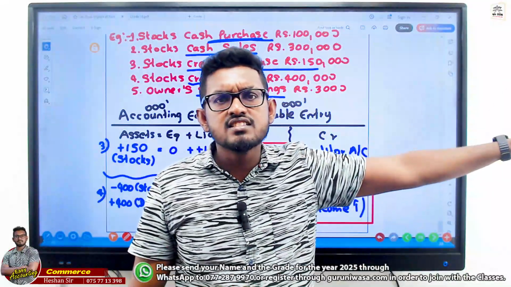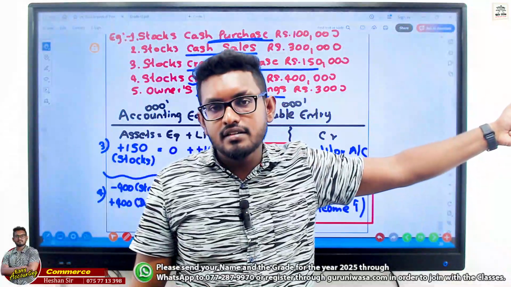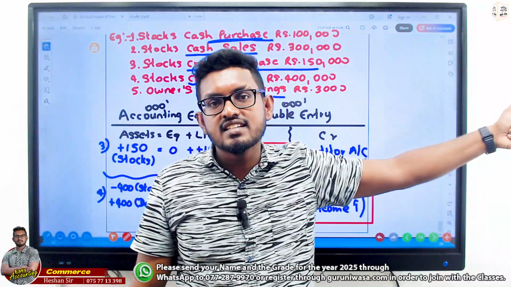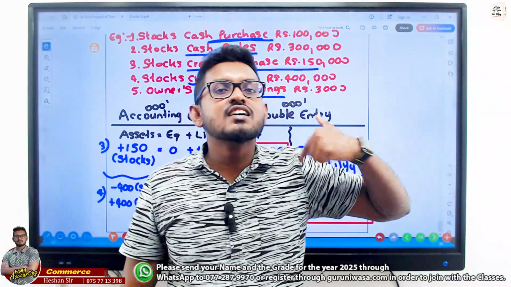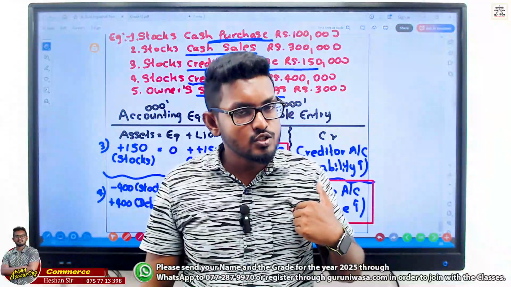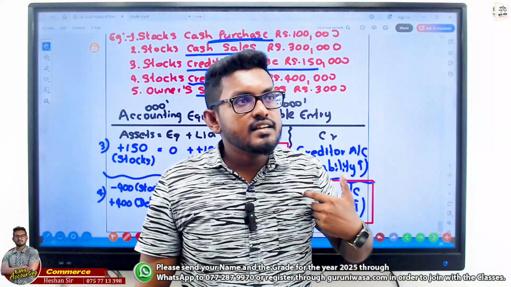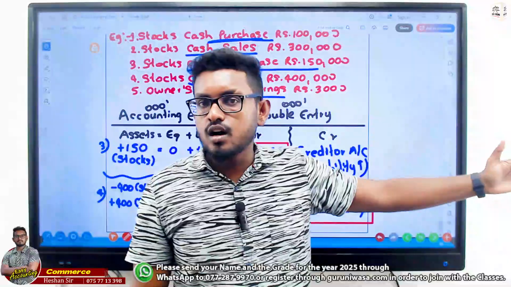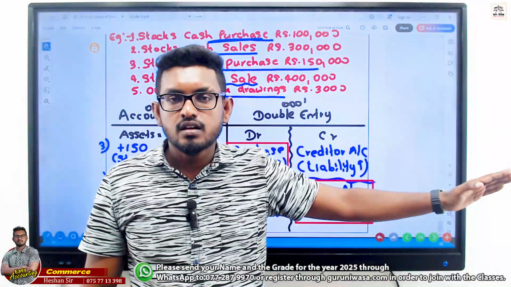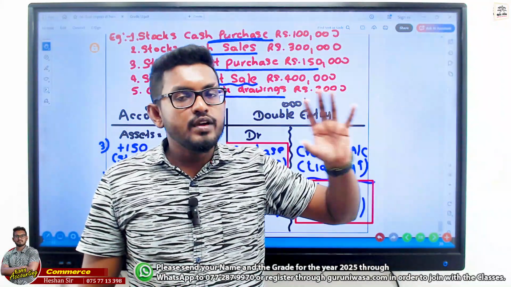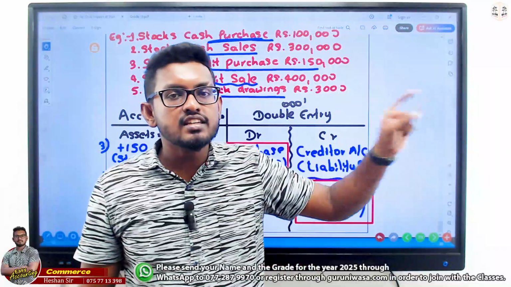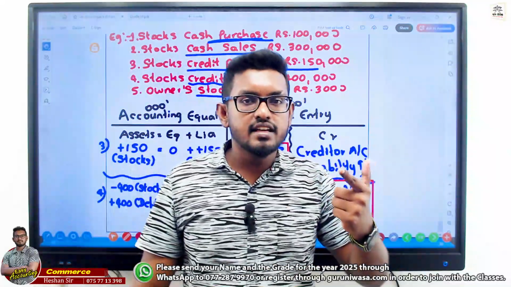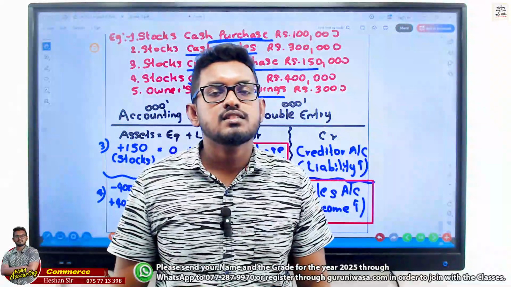Then cash sales, sales account credit. Since we are receiving cash, cash asset increase, so cash account debit. Understood? Right? Credit sales, sales account credit, it's obvious. So when we credit sell stocks, the other party we name as debtor, asset increase, so debtors account debit.